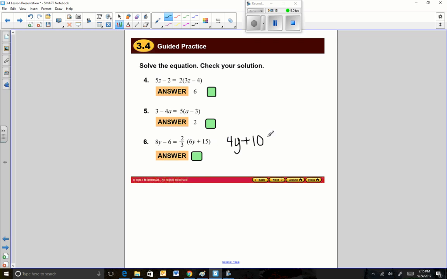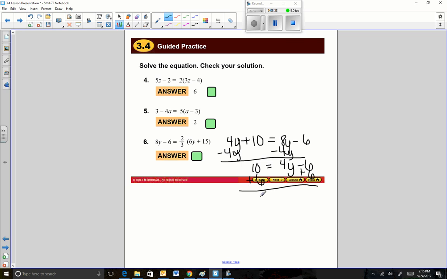So now, of course, it equals the 8y minus 6 that's on the other side. I will go ahead and subtract 4y from both sides so I can get a positive y value. And I get 10 equals 4y minus 6.